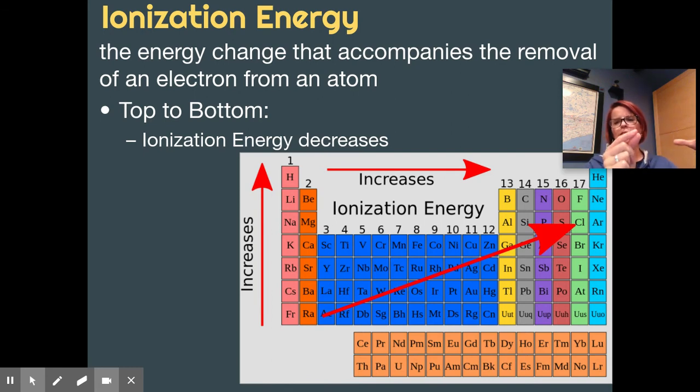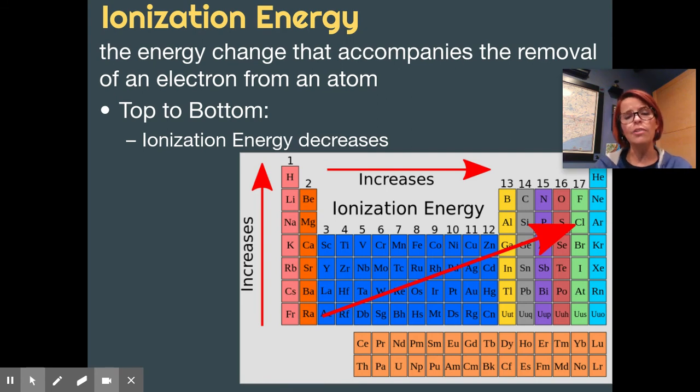If this is the nucleus and the protons are here, the protons don't have much of a pull on them. The gravity sort of doesn't pull very hard. And so we're able to pluck those electrons away without too much resistance. They are so far away from the pull of the protons in the nucleus that they're easy to pull off.